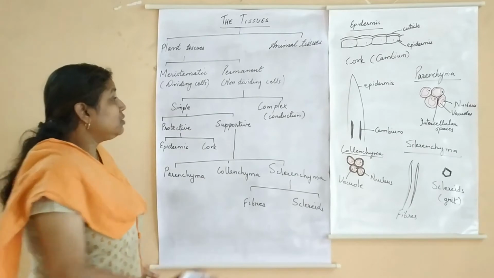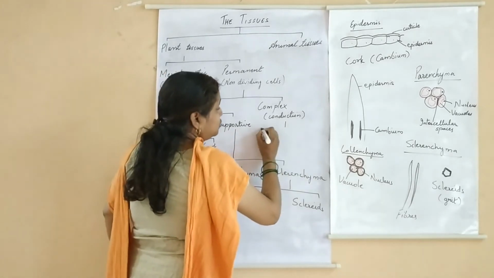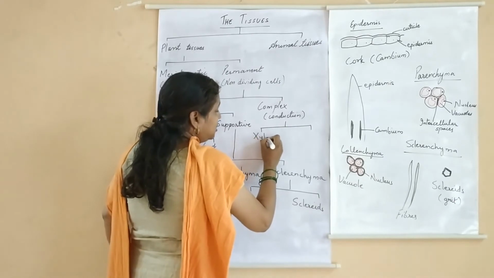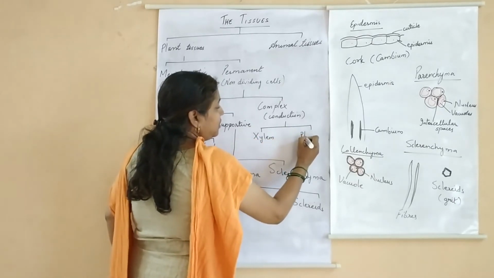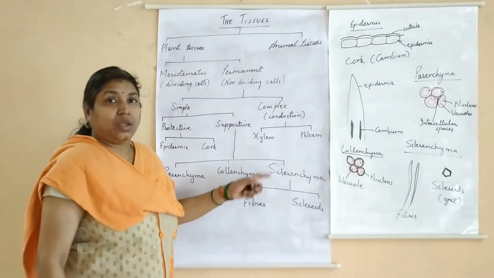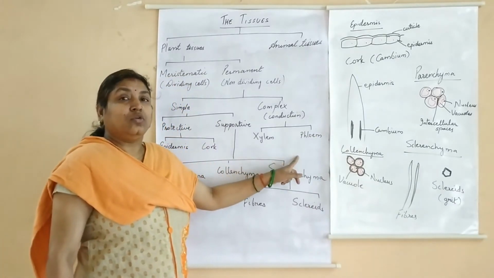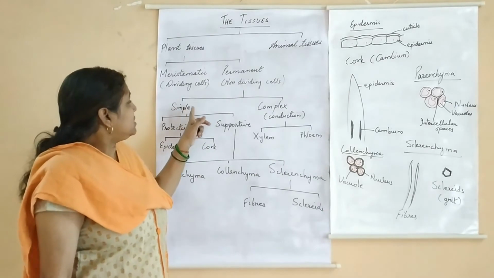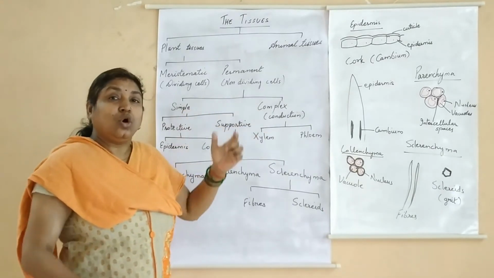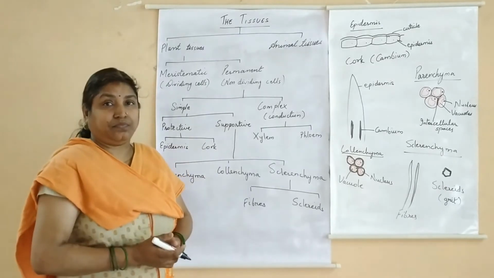Now let's see what are complex tissues. They are of two types, xylem and phloem. Now, what is the difference between simple and complex? In simple permanent tissue, all the cells look alike.